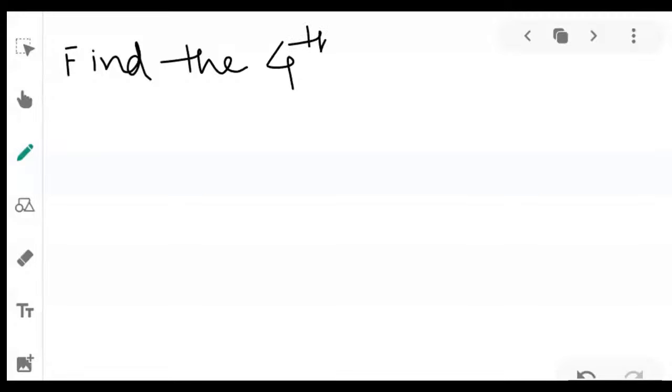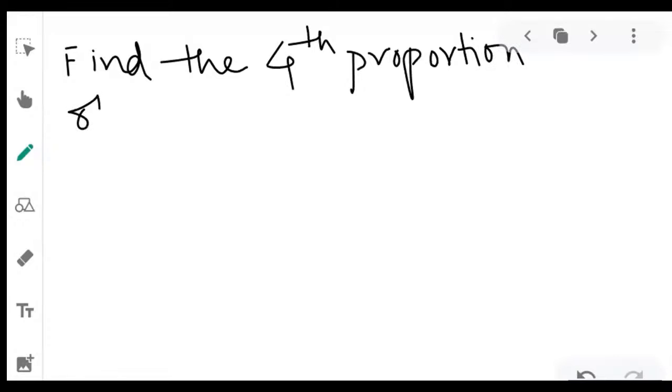If I say find the fourth proportion of 1, 2 and 3, what is the meaning of this then?